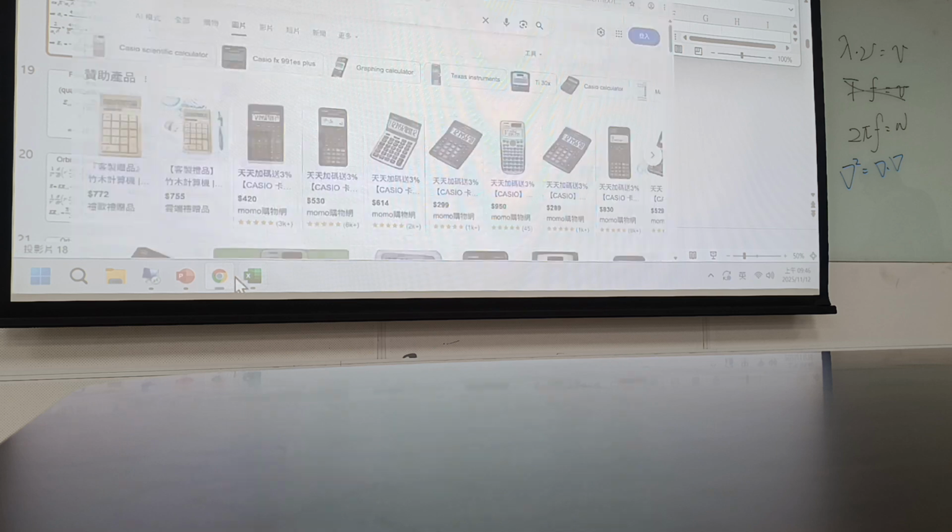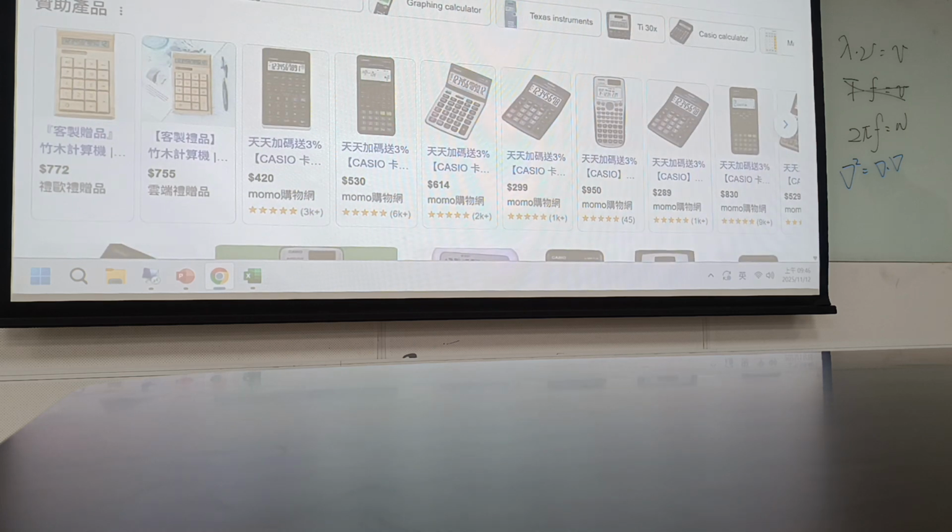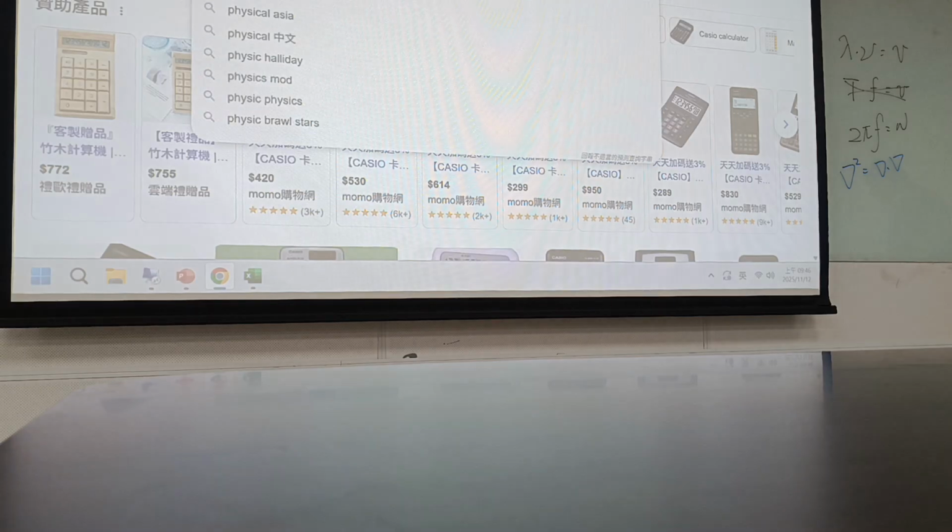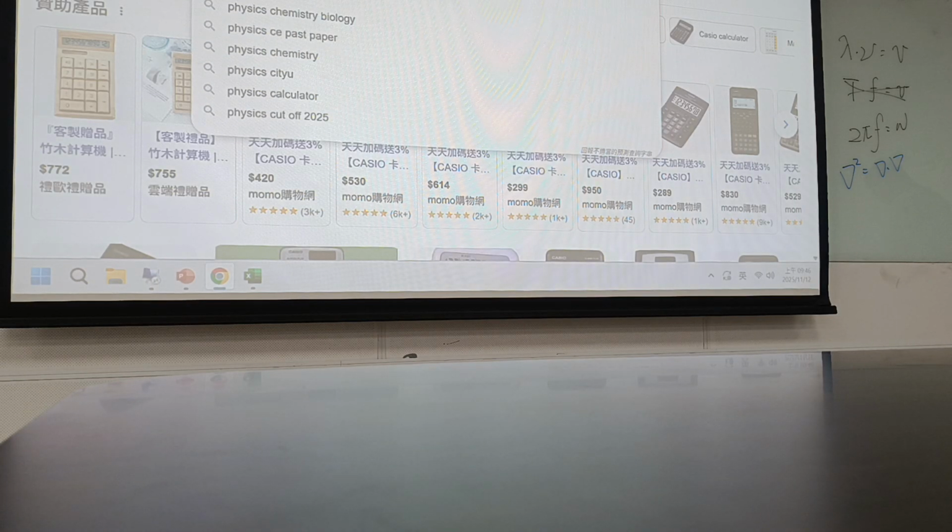So what's epsilon 0? It's a physics constant from last time.